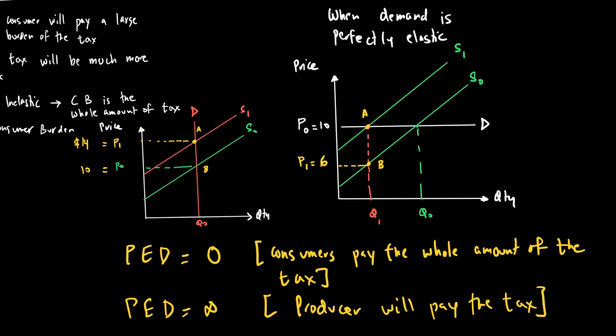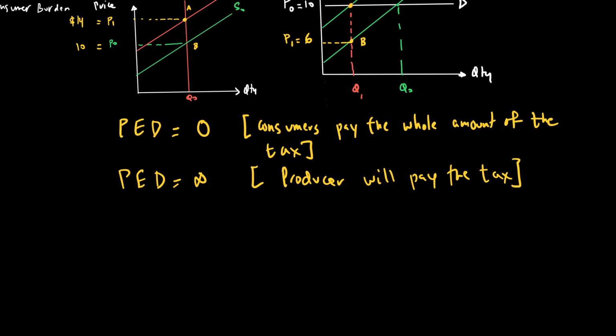In fact, we can say this is that if PED is less than PES, which means demand elasticity is lower than supply elasticity, we can also say in this case, the consumer has a lower elasticity, which means he needs the good more than the producer.